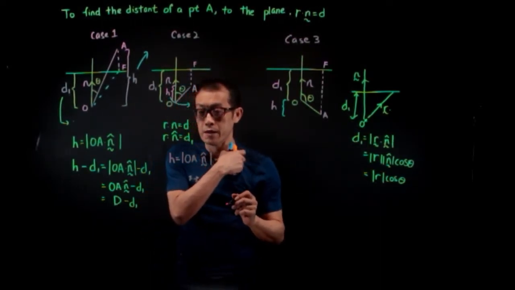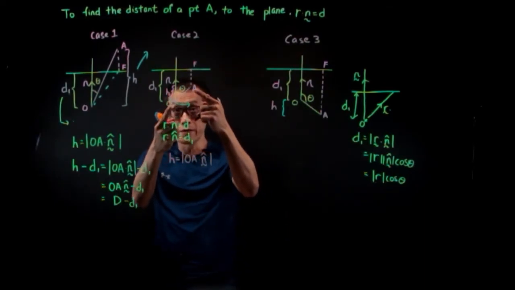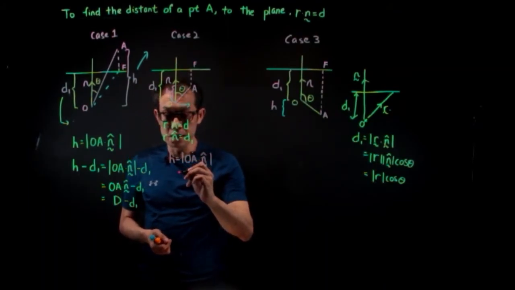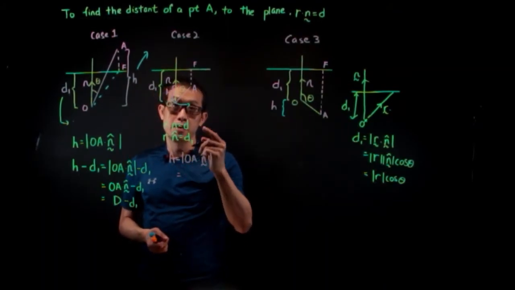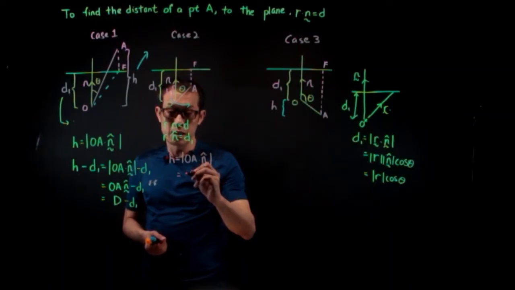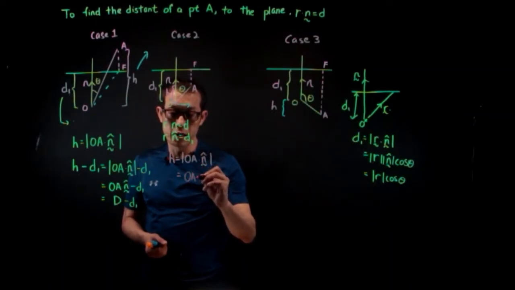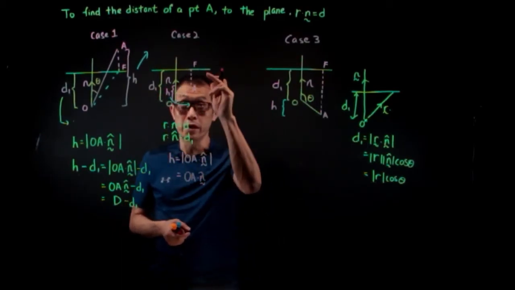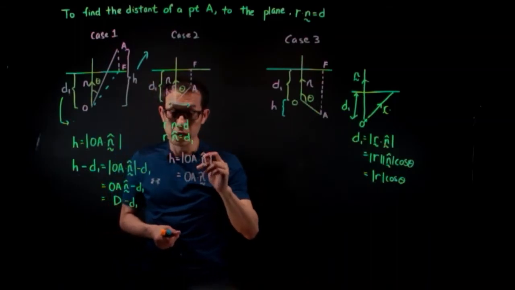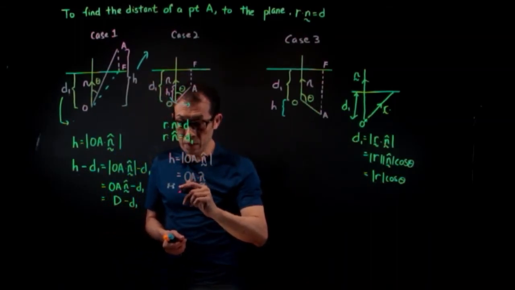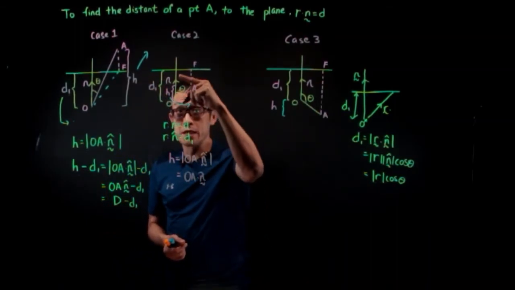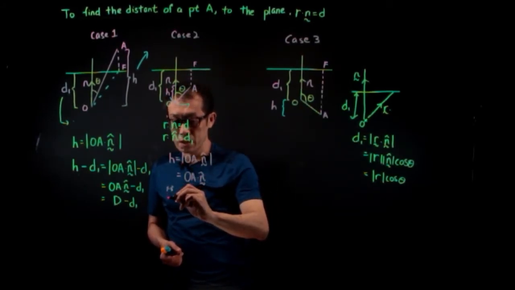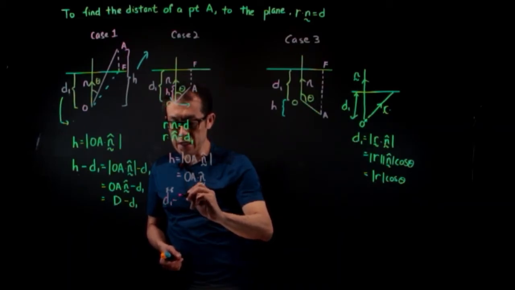This is also positive because theta is acute, so this is the same as OA dot n. Now the required distance will be d1 minus h.